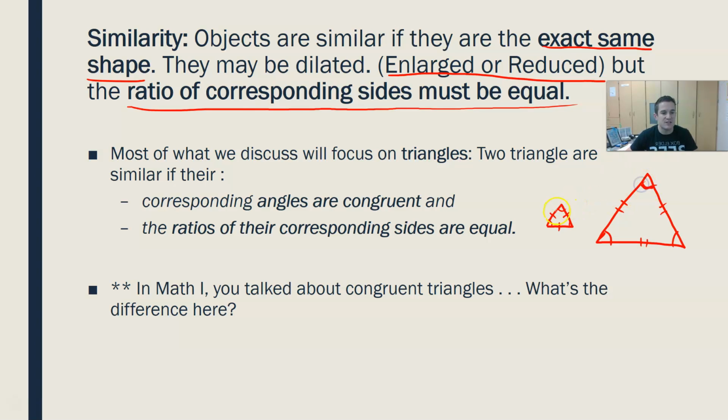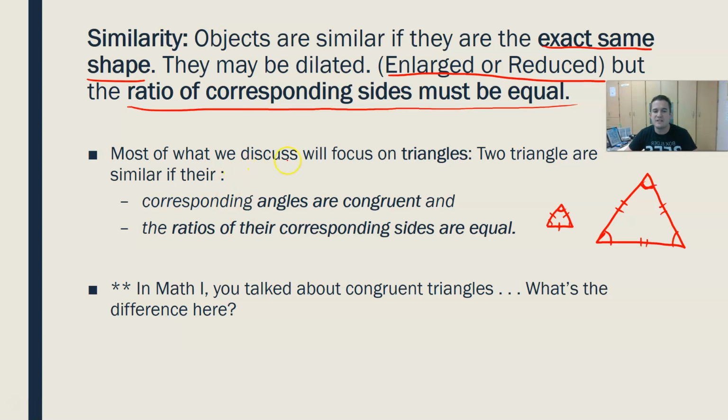Notice that all the angles stay the same in this triangle, and the sides get bigger, but the sides get bigger by the same scale factor, like we talked about with dilations, or the ratio between their two sides is going to be the same.